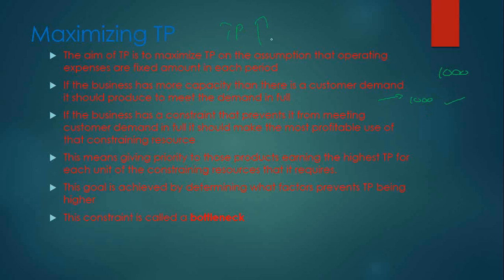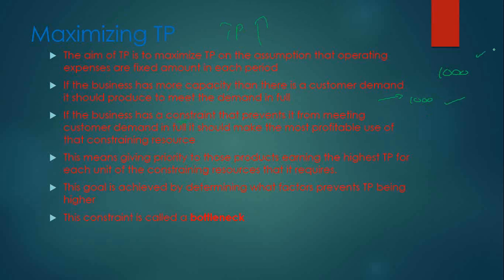You increase your TP. But on the other hand, if there's a constraint that you can't produce to the full level, you can't meet the full demand level because you may be having a constraint. So that constraint, it can be material, it can be labor, it can be anything else.